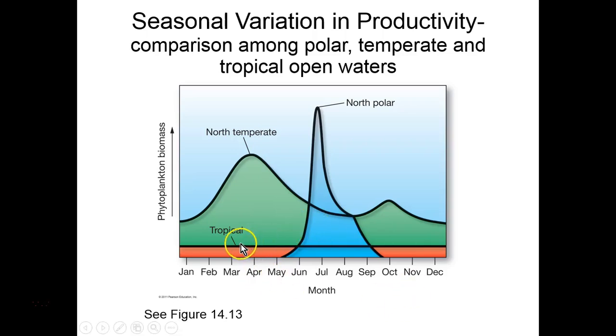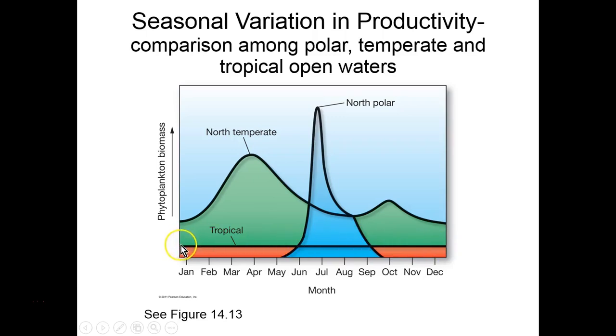So this graph is showing us phytoplankton biomass, which is a measure of primary productivity, over the course of a year in 3 different locations: tropical waters, the northern temperate waters, and the polar waters. We can already see here the tropical waters is this line down here.